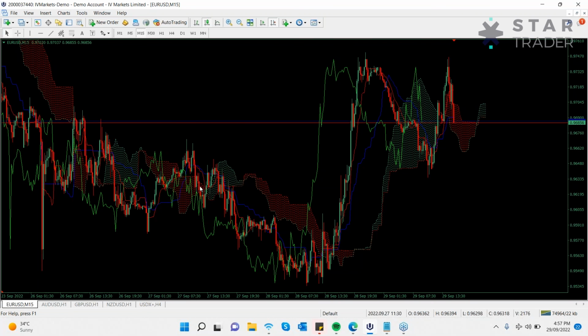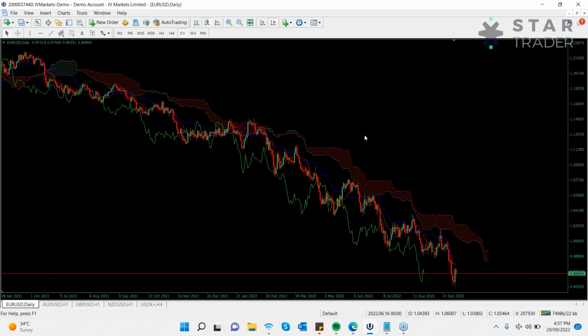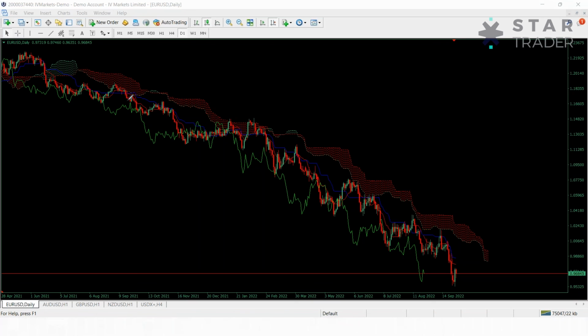And the second question is, when can we exit the trade? Good question. As I have told you before, always consider the Chikou span to exit from the market. For example, over here, as I have discussed, we have entered here and the Chikou span is crossing the market above.